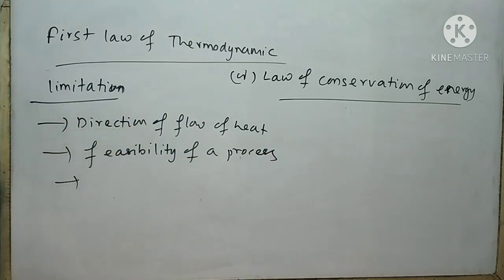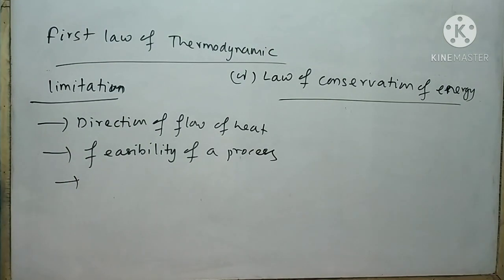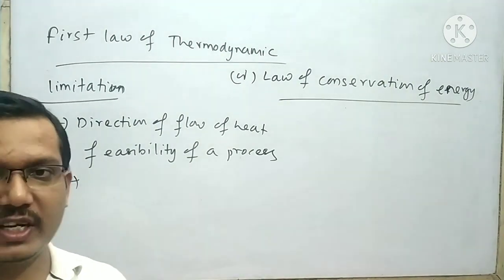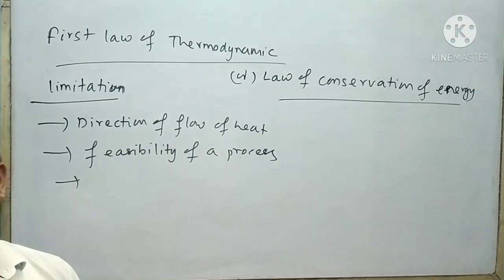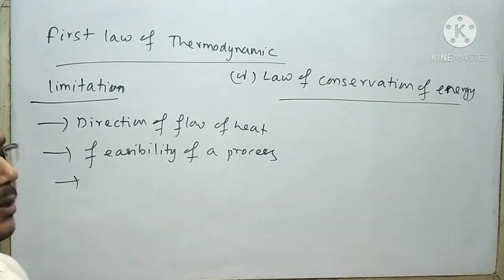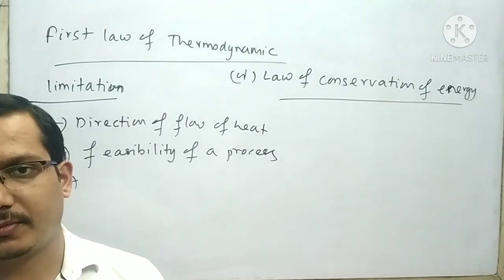Next point, it does not tell that heat is a typical form of energy which cannot be completely converted into work. That means 100% of energy cannot be converted into 100% work. There is some loss of energy that takes place. These are the limitations of the first law of thermodynamics.